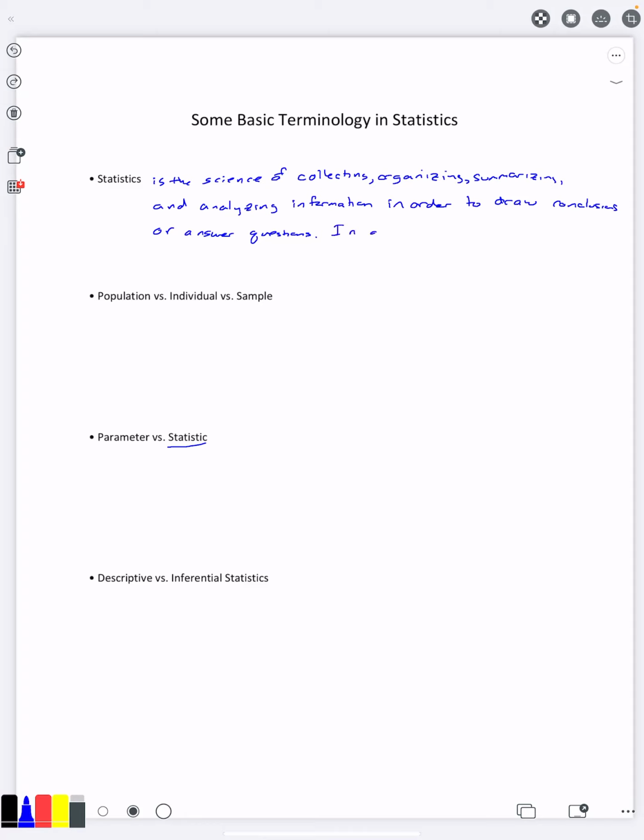In addition, statistics is about providing a measure of confidence in any conclusions.